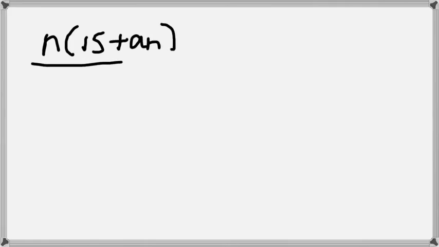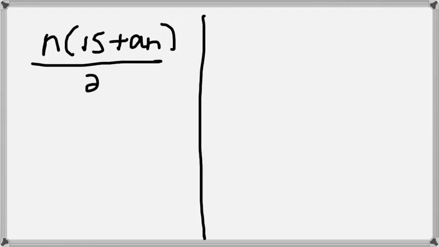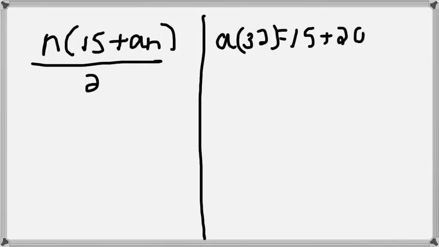So this time it's going to be n times 15 plus a of n, all divided by 2. I'm going to do the half screen again. So a of 32 is equal to 15 plus 20 times 32 minus 1, which is 31.